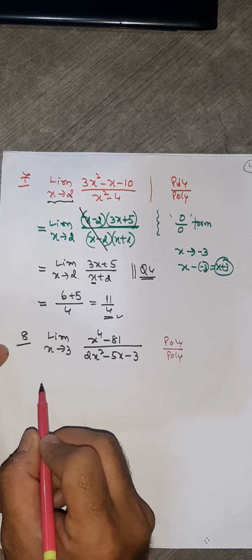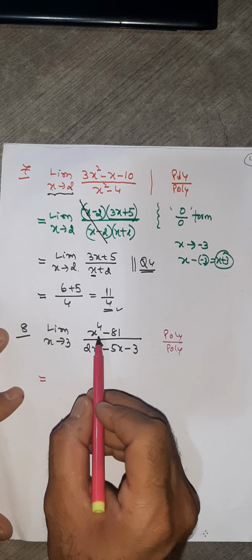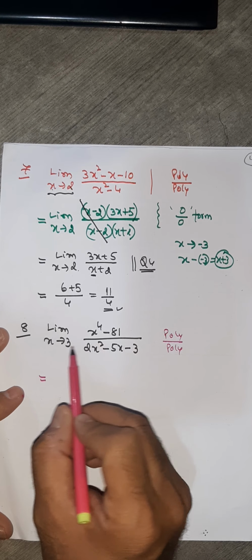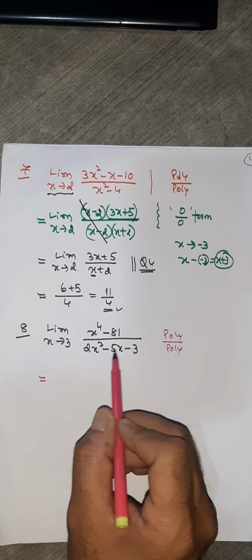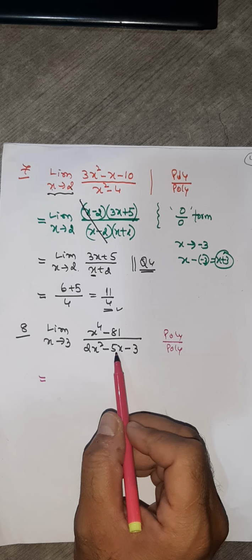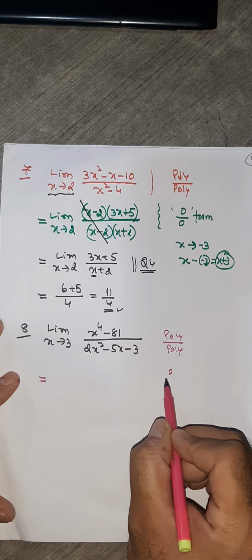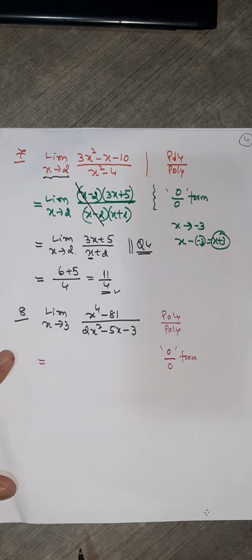So check whether you have 0 by 0 form or not. So I'm putting 3 here. So 3 square, 9 into 2, 18, 15 minus 3. So again 18 minus 18, which is 0 by 0 form. Just you can check. So this you cannot evaluate directly.